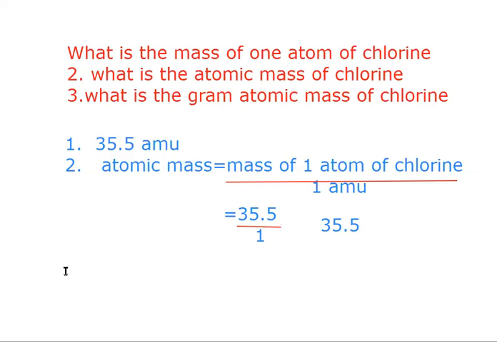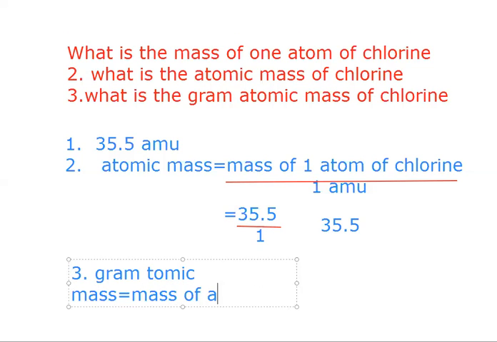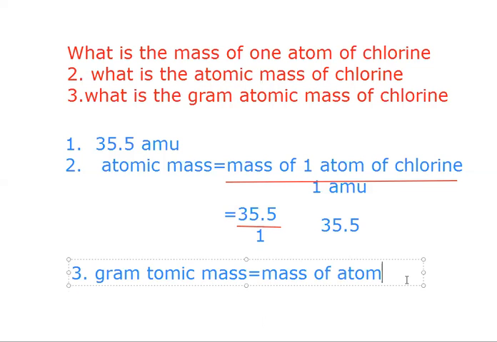Now let us look at the third question. What is the gram atomic mass of chlorine? We have the formula now. Gram atomic mass equals the mass of an atom into Na, that is the Avogadro value, divided by Na.